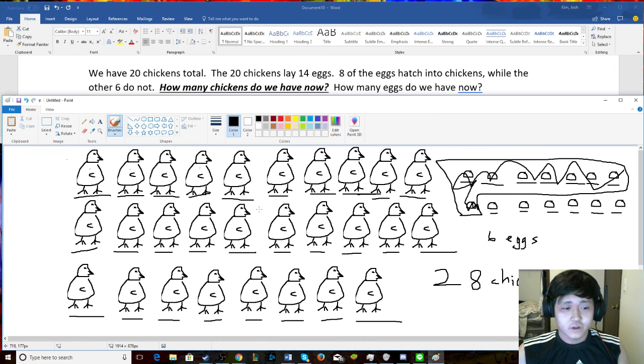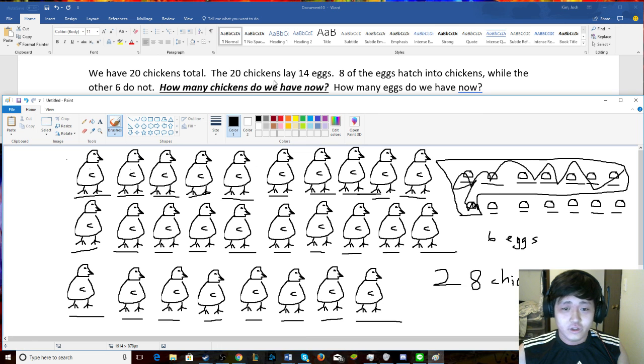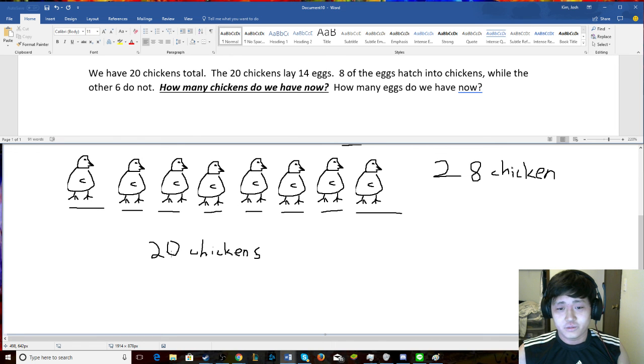Alright, so let's go ahead and write 20. And we could even label it chickens just so that we can make sure that we have the right numbers. Alright, so 20 chickens, and they lay 14 eggs. Alright, so the 20 chickens laying 14 eggs doesn't really help us with this, because adding 14 eggs doesn't increase the amount of chickens.